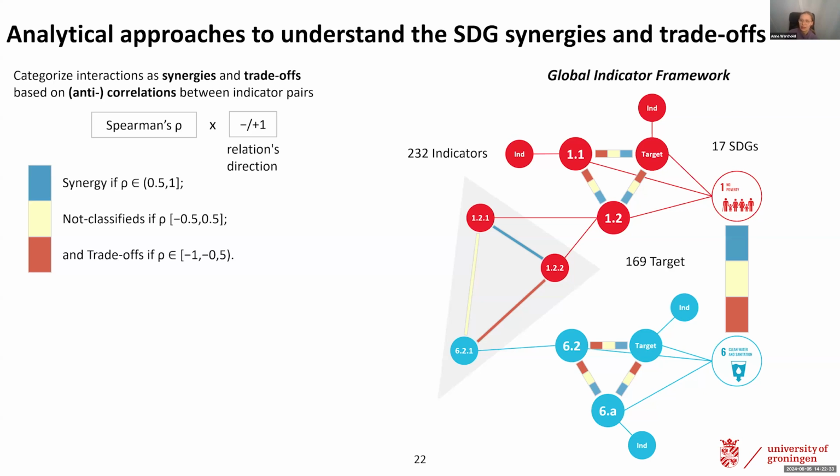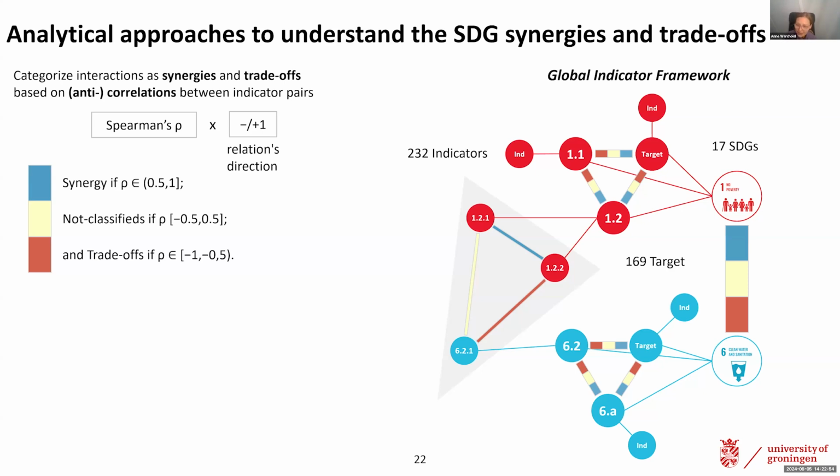So what does it mean? It means that you're categorizing interactions as a synergy or trade-off based on correlation or anti-correlation between indicator pairs. Based on how the Spearman correlation coefficient ranks, you have certain intervals, and you classify it as a synergy, a not classified interaction, or a trade-off.